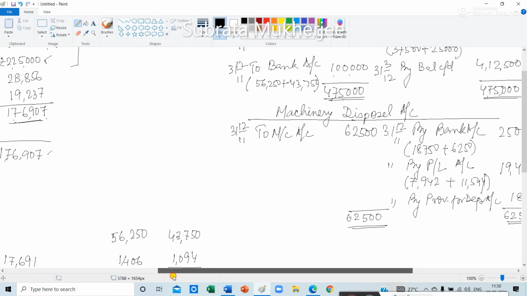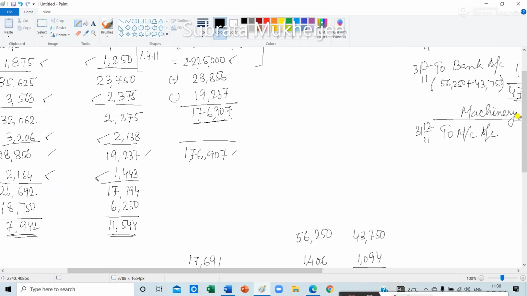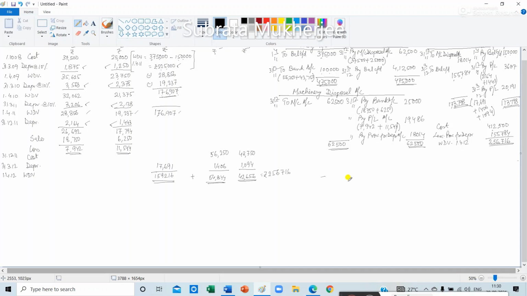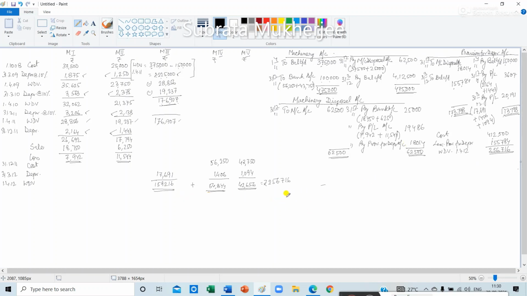If you add up the written down value of the three machines, that is 1,59,216 plus 54,844 plus 42,656, you will get the same figure, 2,56,716. So you will get the same amount on 31st March 2012 or on 1st April 2012.